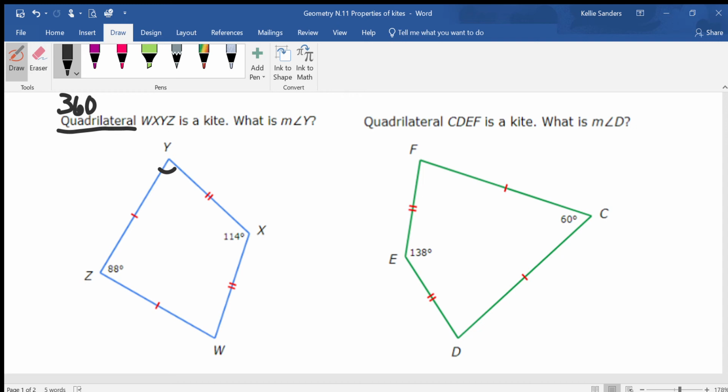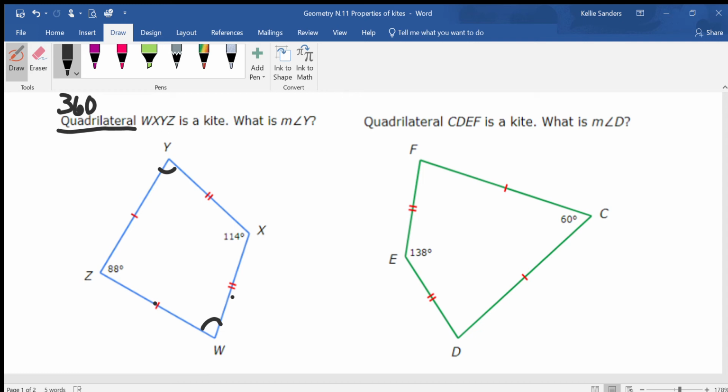Now, if you have a kite, you're going to have one pair of congruent angles. And those congruent angles are going to be between the non-congruent sides. Okay? I'm making it way harder than what it is.